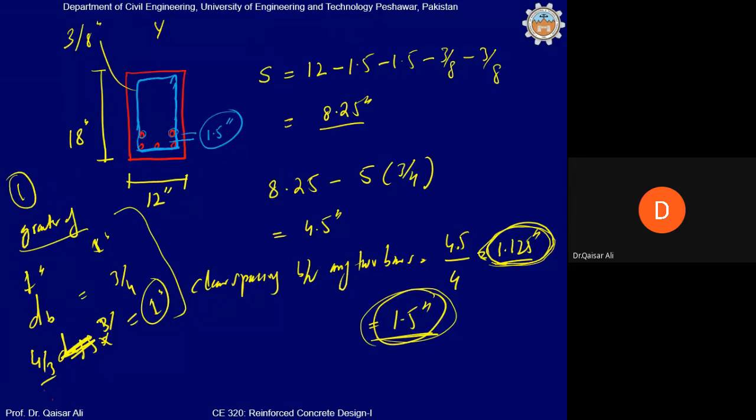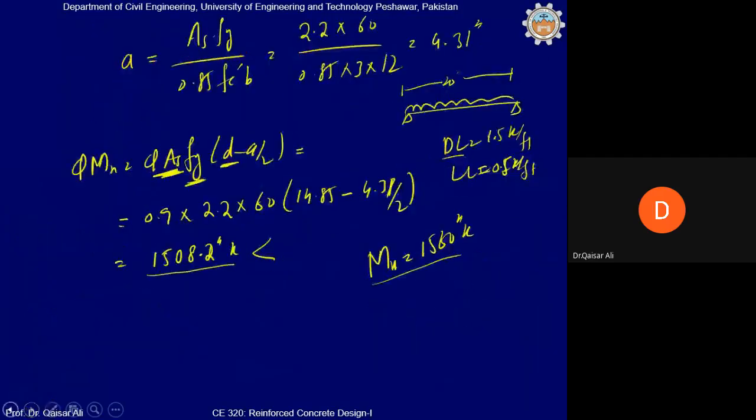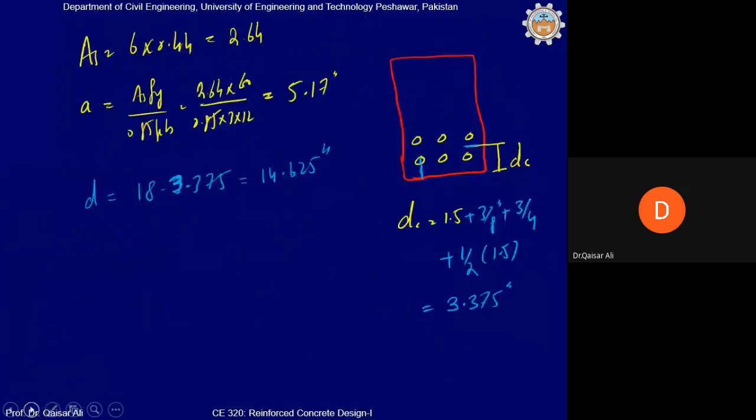Clear? If two bars, but if 3 bars or more than 2 bars are provided, then you have to provide a spacer between these bars. Here we will provide a spacer, which will maintain the clear distance between these two bars.